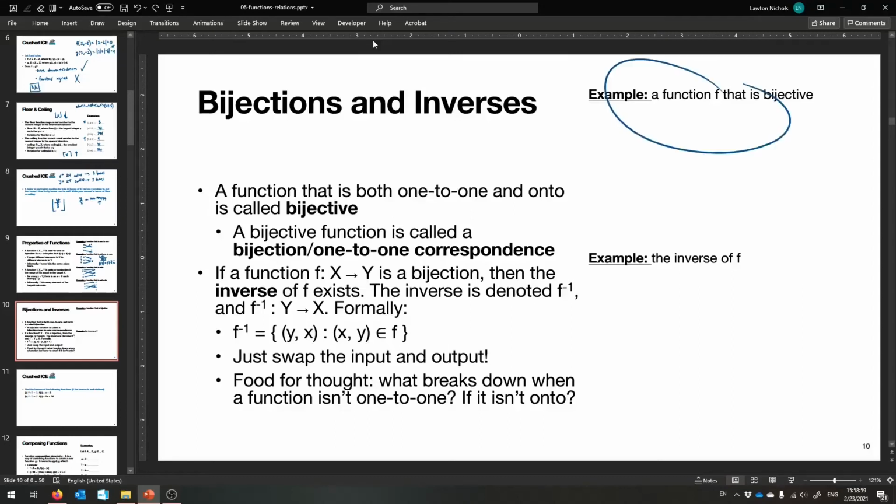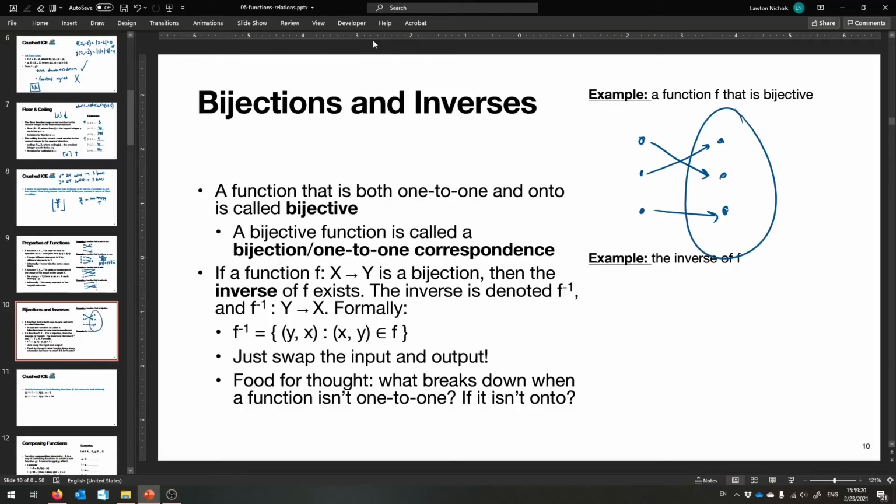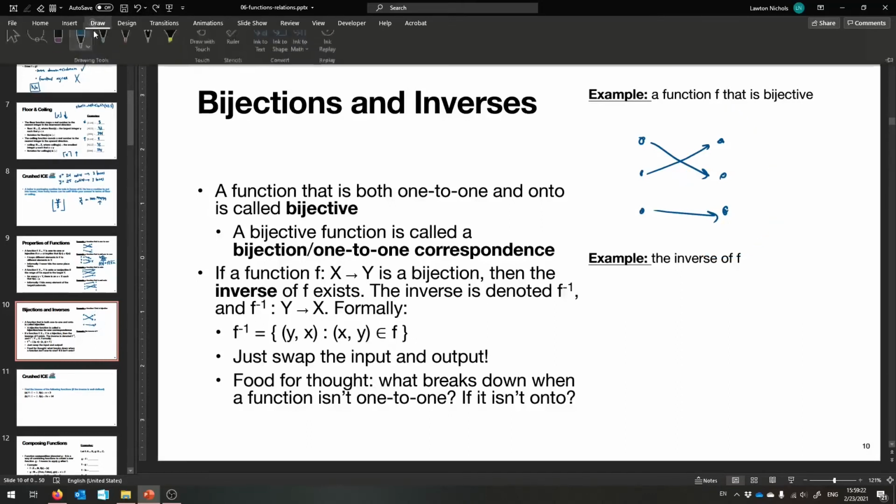Okay, so here's a function that is bijective. Boop, boop, boop. Necessarily, these have to be the same size. It's one-to-one because it's mapping everybody to a different place. Nobody's overlapping. And it's also onto because every element of the codomain is getting hit. So that means we can always follow this backwards.